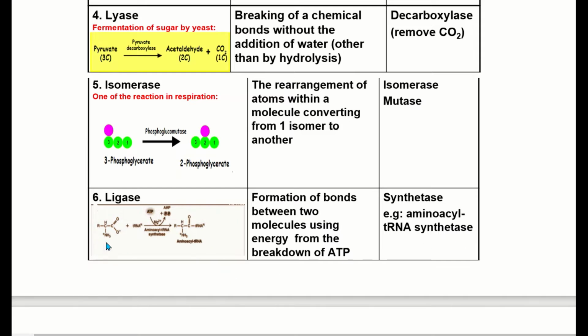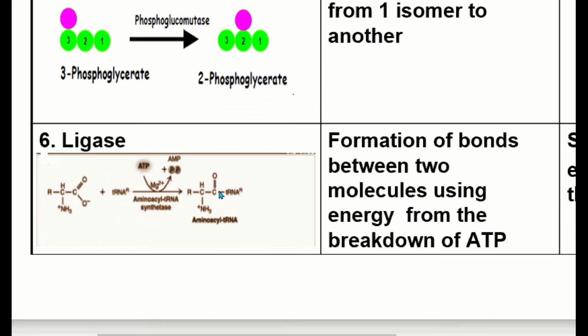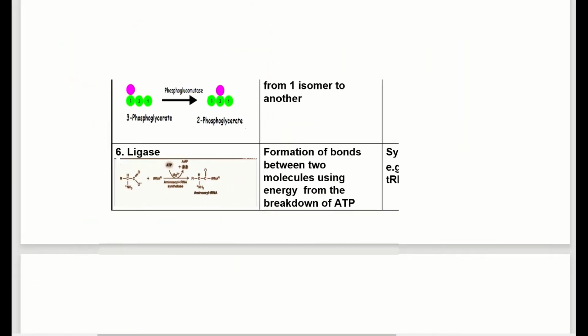Yang ni kita tengok chapter 6 sem lepas ni. Yang amino acid kita bindkan dekat tRNA menggunakan enzim amino acid tRNA synthetase. So you dapatlah bond dekat sini. Dapat bond, yang dia akan gunakan energi ATP.